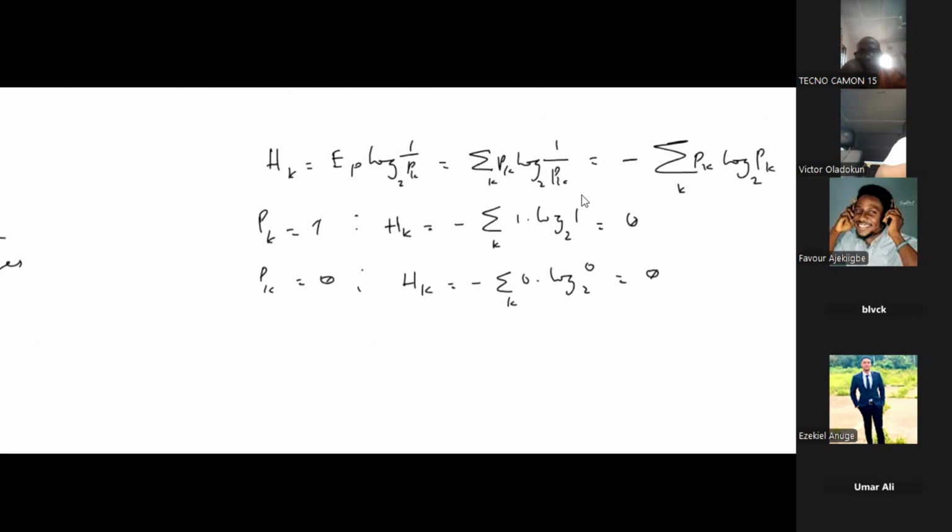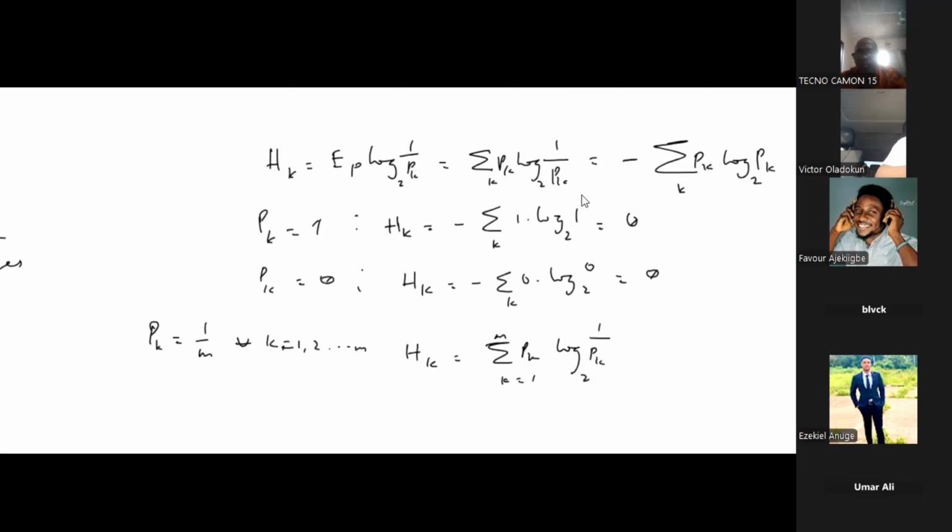It means that the probability of occurrence for all values of k is the same as 1 over m, for all values of k taking on values from 1, 2, all the way to m. Then the entropy H sub k will be the sum for k from 1 to m of p sub k log to base 2 of 1 over p sub k.